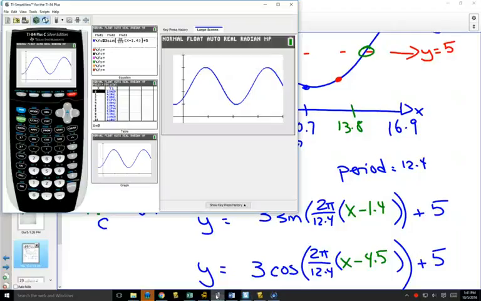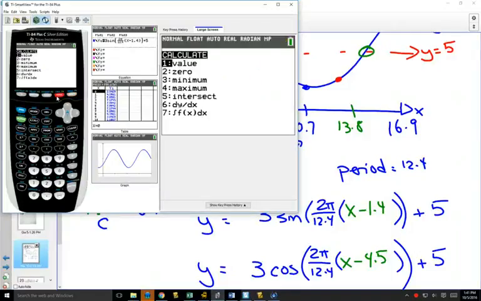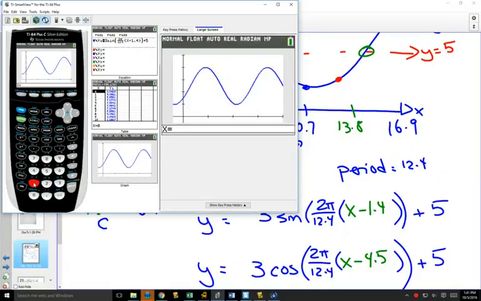And then we check it with our calculator by going second, calculate, value, number 1, at 13.5. And it's 4.54. We were better estimators this morning. So that's how you'd find it exactly. But just looking at your graph and estimating 3 wouldn't be bad.